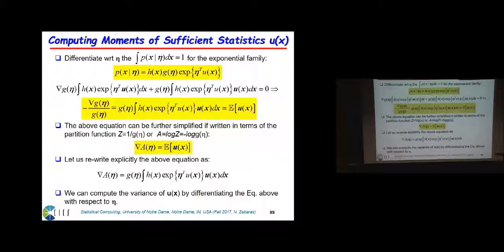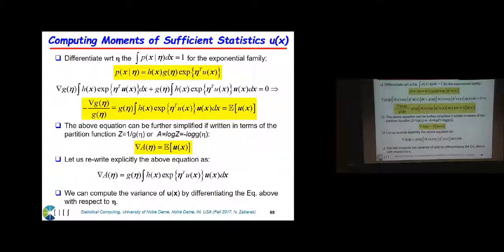So if you put this term on the other hand side, on the right hand side, you're going to get minus gradient of g over g equal g of eta times this term. And what is g of eta times that? That's our distribution. And then I have the integral with this distribution of u. What is that? By definition, it is the expectation of u. So it comes out that the expectation of u is exactly the gradient of A with respect to eta.